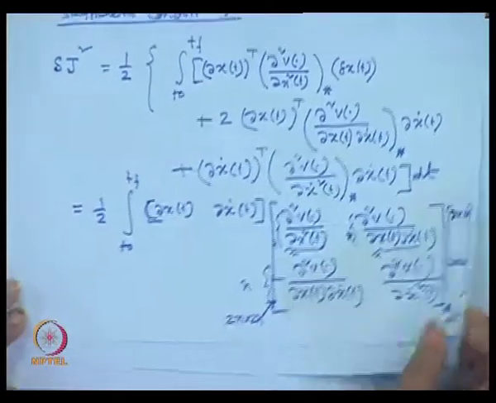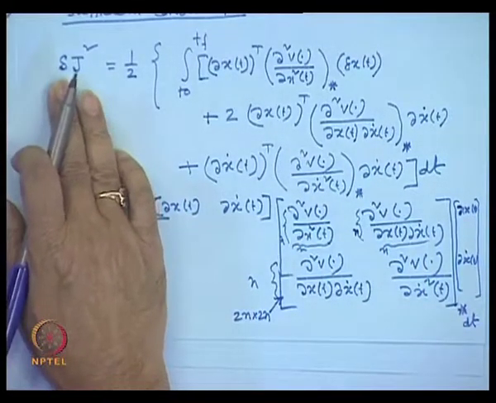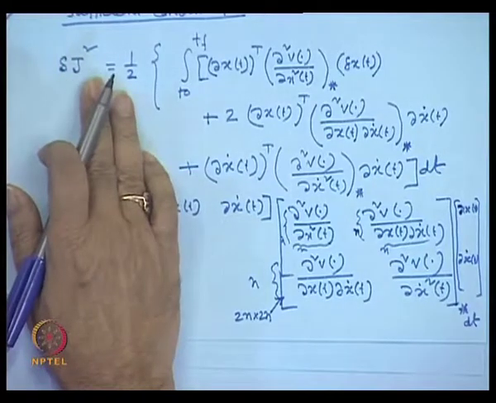Now, we know the sufficient condition of the second variation of the functional: if it is greater than 0, then the functional value along the trajectory should be a minimum value of the functional. If delta square v is less than 0, then the functional value along the trajectory will be a maximum value of the functional.